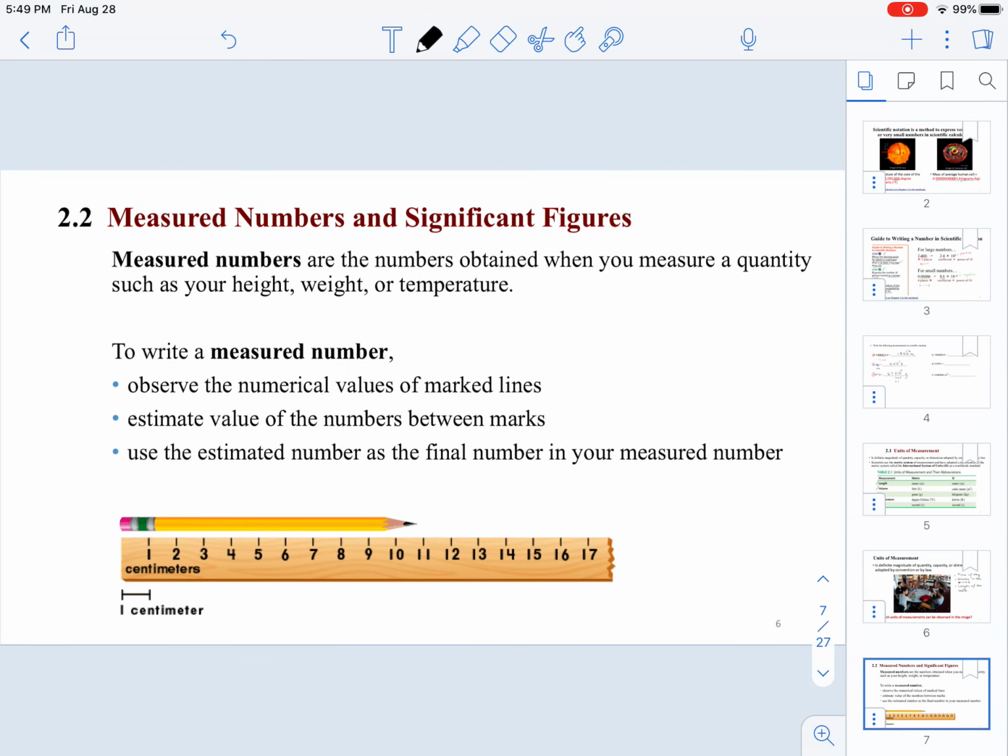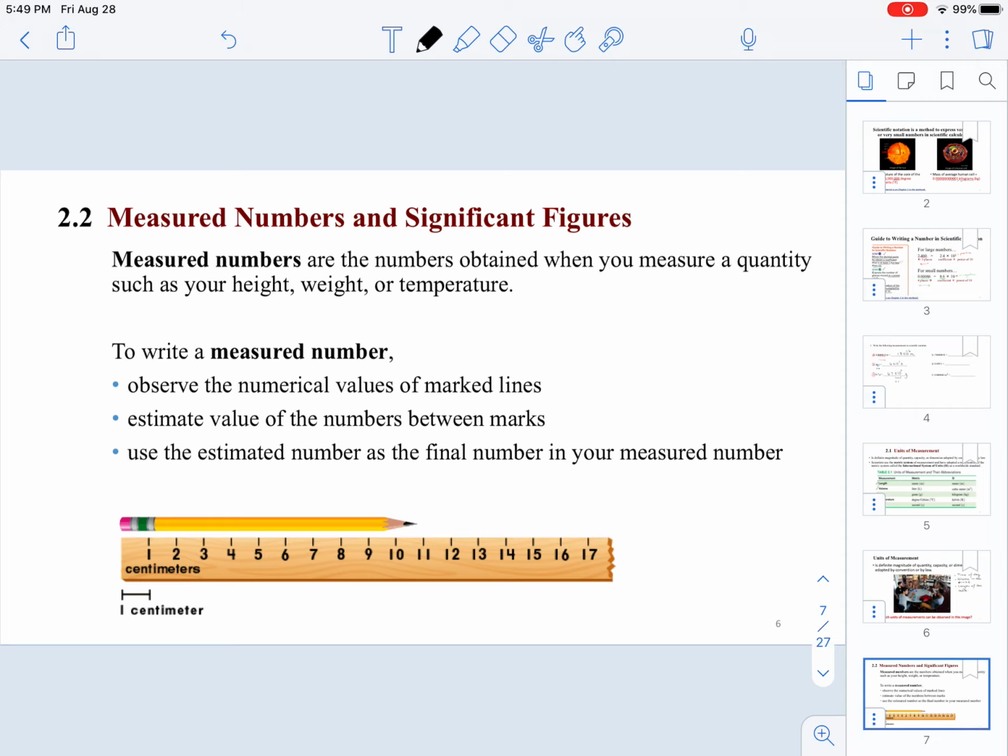Now, in addition to measurements, we are going to be learning how to do measurements, and after that we're going to have a discussion on significant numbers. Now, as you can see, these measured numbers are going to be obtained when you measure a quantity, such as height, weight, or temperature.